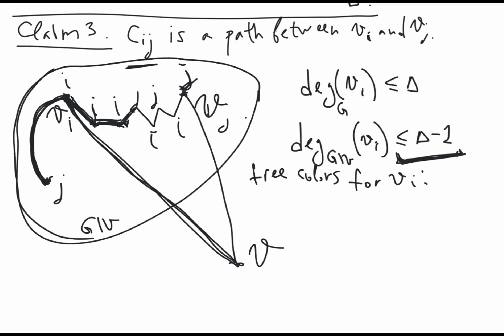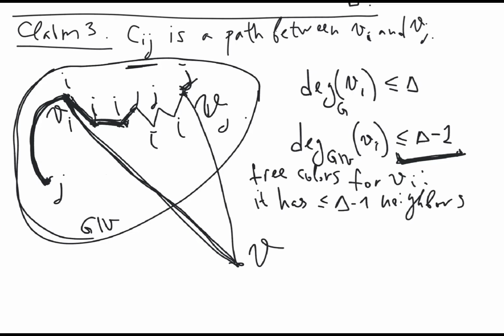It has less or equal than delta minus 1 neighbors, and two of them have the same color.